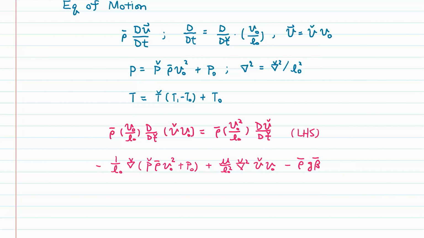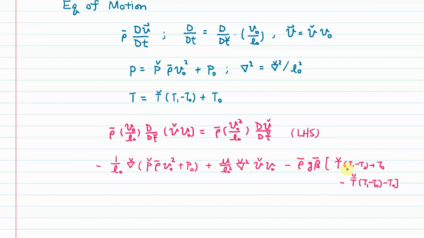So T minus T bar would be down here. We have the dimensionless temperature times T1 minus T naught plus T naught, minus T bar, minus T1 minus T naught, minus T naught. Okay, so if we reorganize this, what we have is the following.